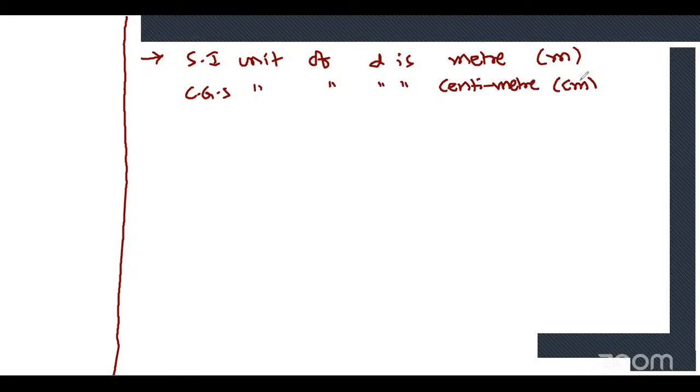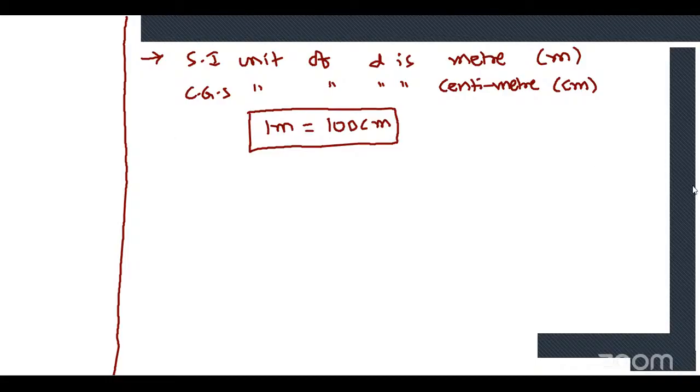And we know the relation between meter and centimeter: 1 meter equals 100 centimeters. That is the relation. Remember this one.